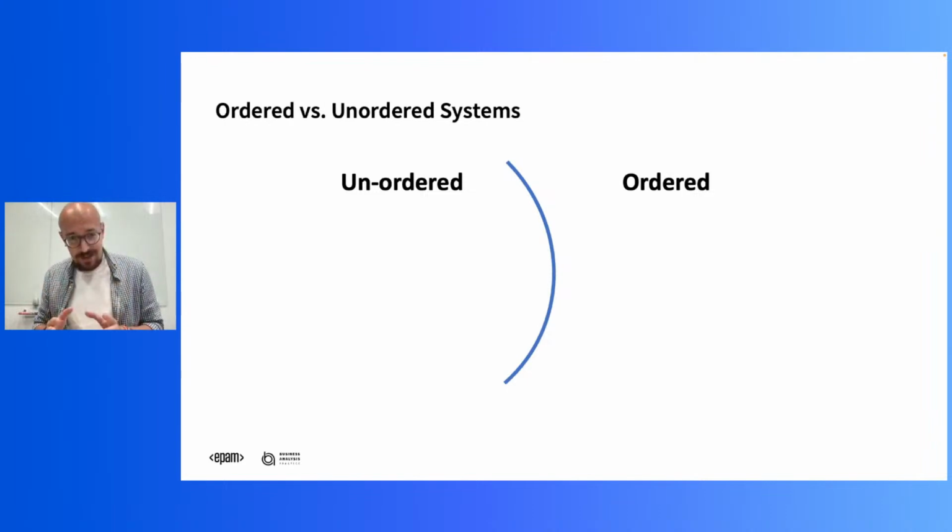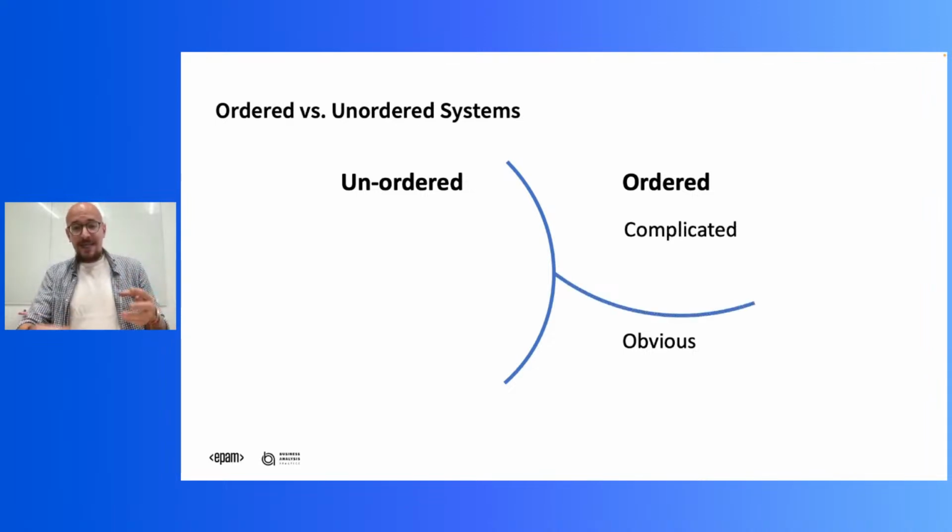The behavior is highly predictable, and the causality is either simple and I would even say obvious, or it can be determined by conducting some kind of analysis and breaking it down to simple connections. If the cause is obvious, then we have a so-called simple system, or as we also call it, an obvious system. And if it's not obvious, but it can be determined by conducting analysis, we say that this is the complicated system.